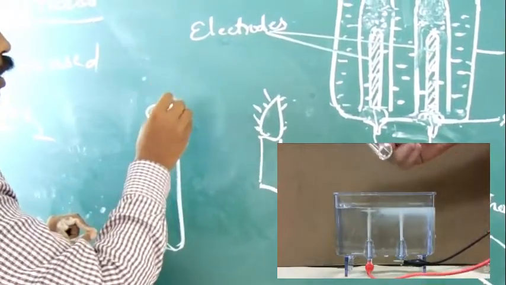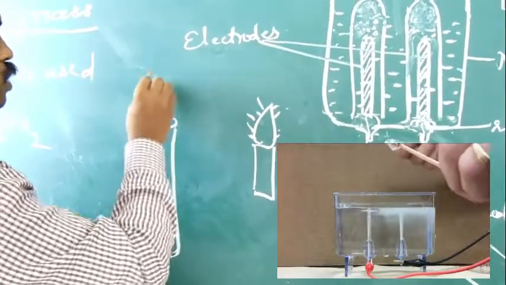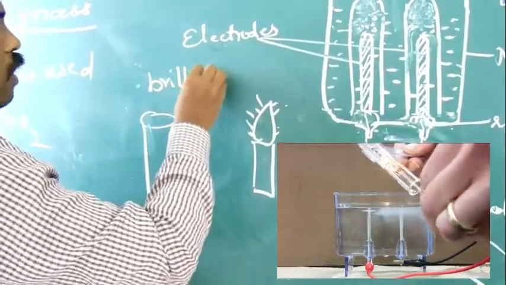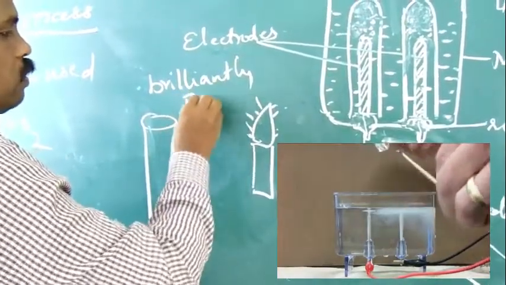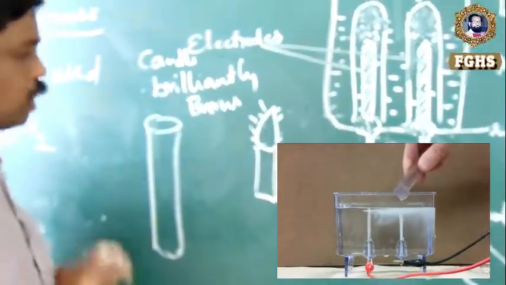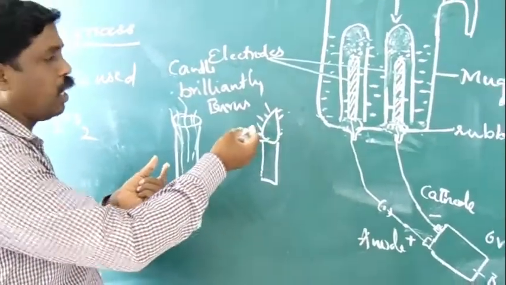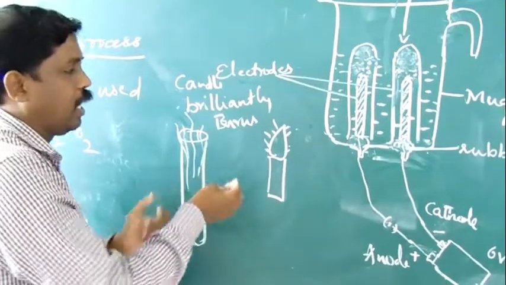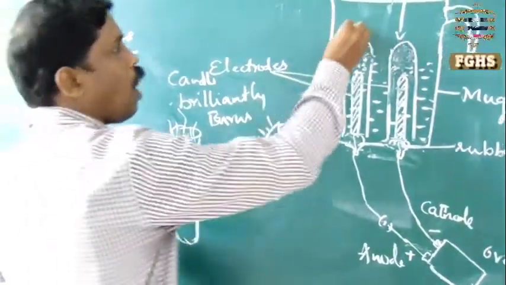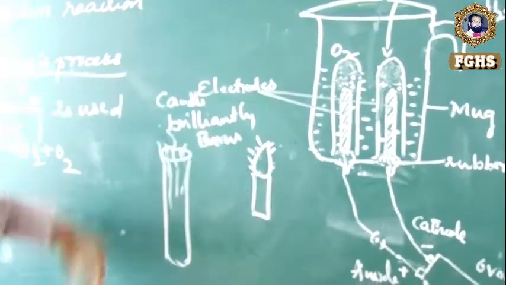There you can find that the candle burns brilliantly. That shows oxygen gas is coming out of the test tube, which makes the burning candle burn more brilliantly. That means oxygen is present here.